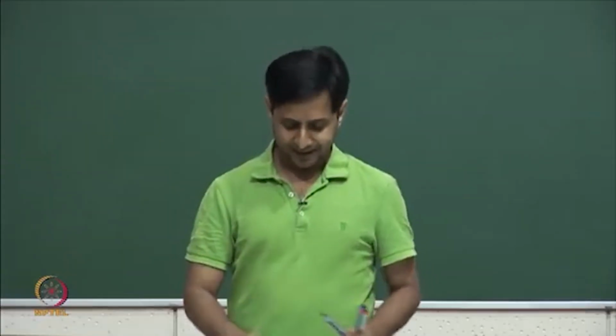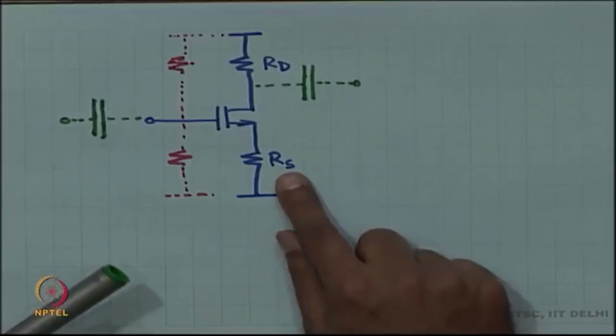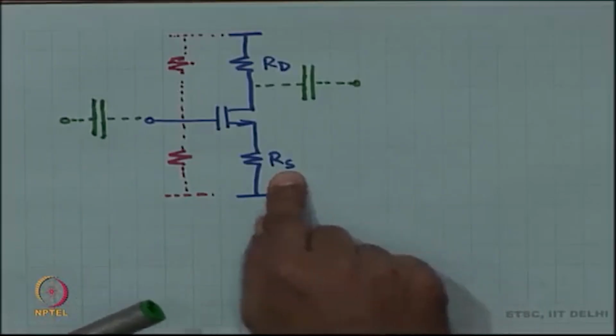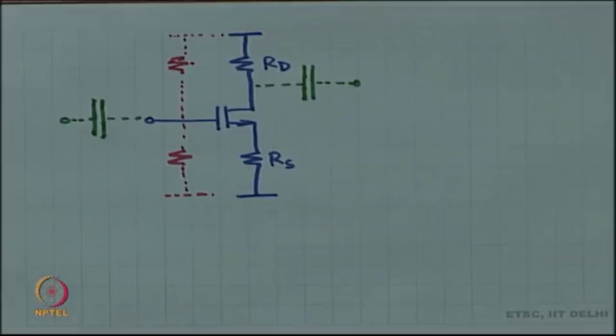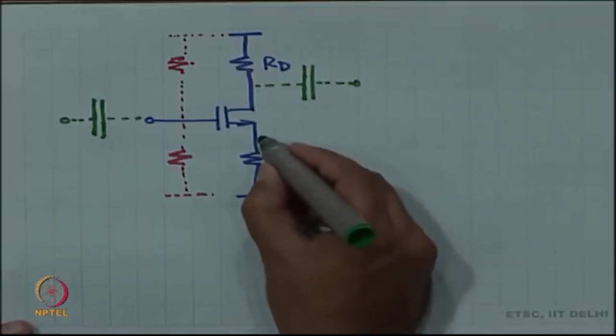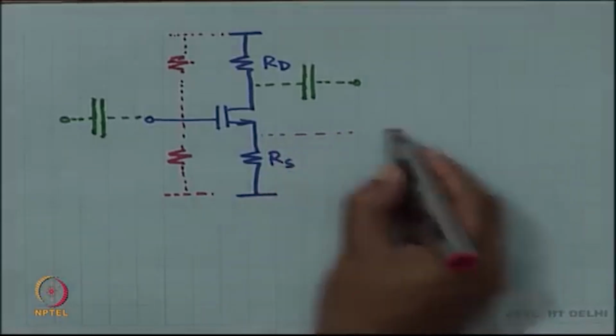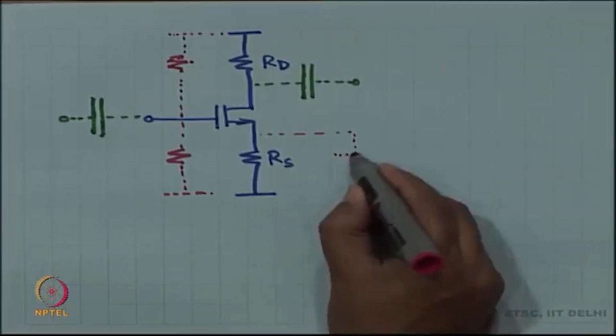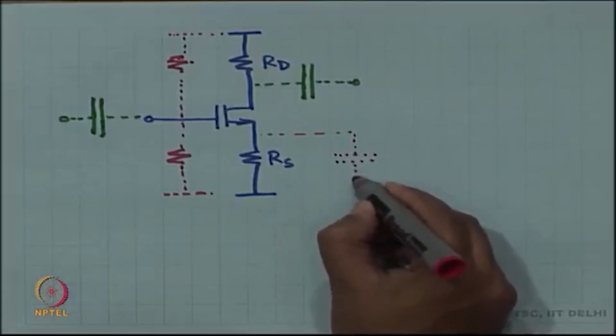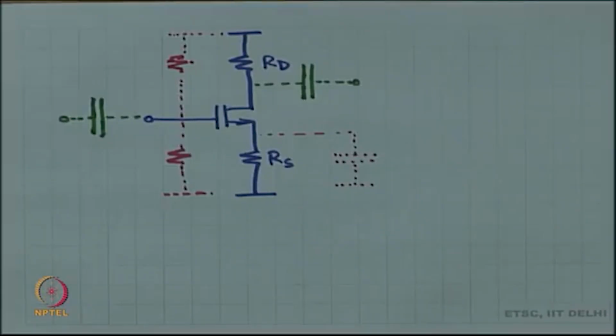Then we said that RS does not appear in the small signal picture at all, because we wanted to make a common source circuit. So, we wanted to have the source connected to ground. Therefore, we had placed a capacitor over here across RS, and then we analyzed the circuit. This was our common source amplifier.